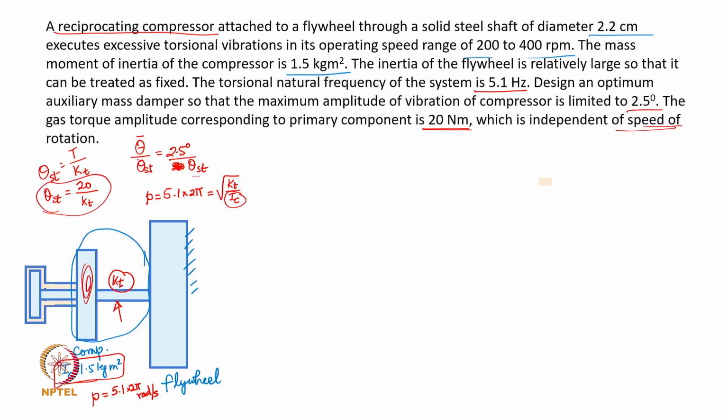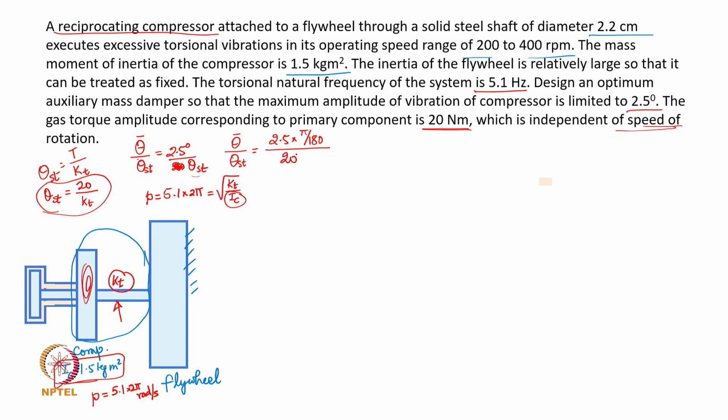So that's how it is: theta bar over theta static is equal to 2.5 divided by T over kt, right?